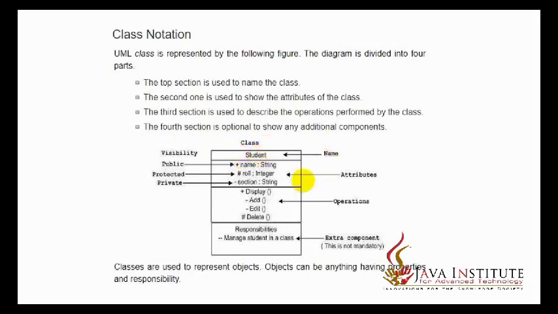The third section is used to describe the operations performed by the class. The fourth section is optional, which means it is not needed, and is used to show any additional components. You can see this is an extra component. The main parts are these 3. Classes are used to represent objects. An object can be anything having properties and responsibility.